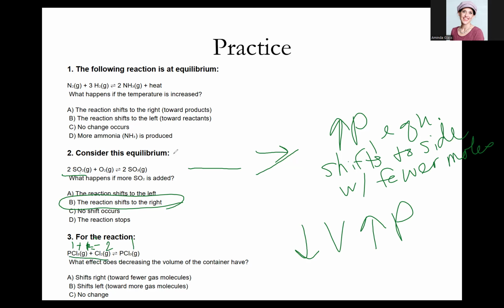So we have 2 moles on the reactant side and 1 mole on the product side. So if we're adding more pressure to decrease the volume, which way is it going to move? It's going to shift to the right, toward the side that has fewer gas molecules.